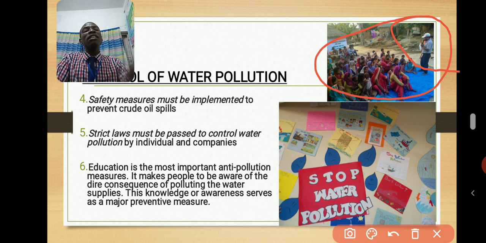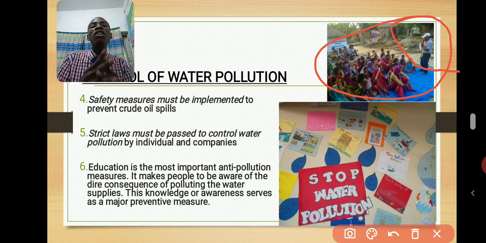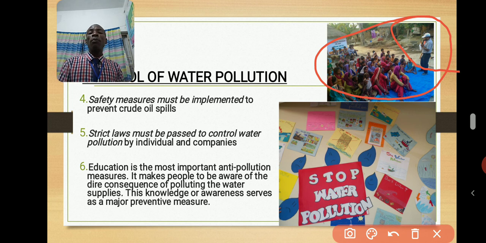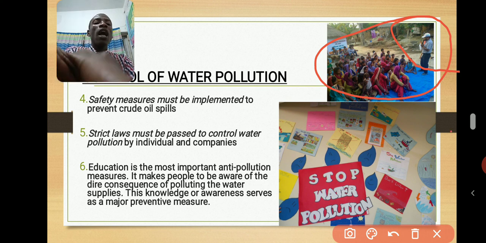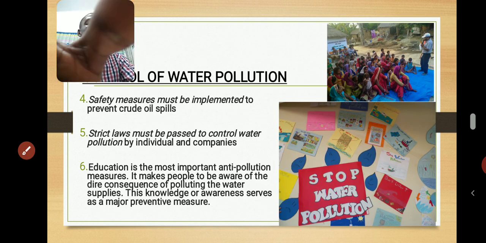Let them get awareness of the consequences of polluting our water bodies. So education and awareness is the most important and the most effective way of controlling water pollution. When people know what will happen when they pollute the water bodies, it will become more difficult for them to pollute our water bodies. So this is how we control water pollution.